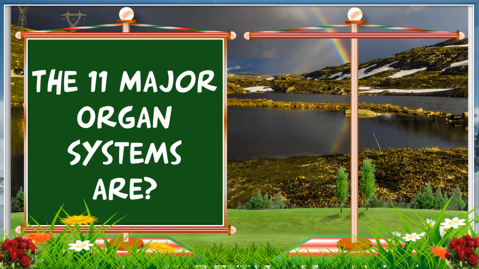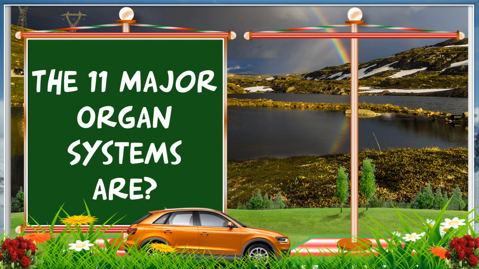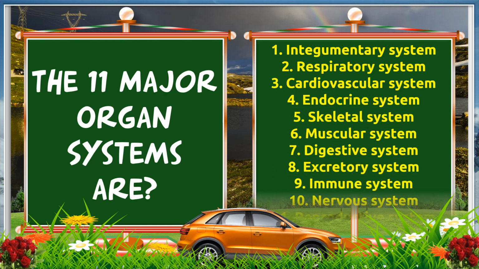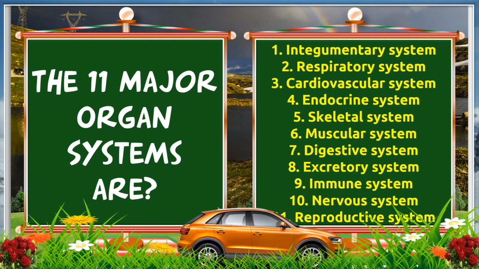The 11 major organ systems are: 1. Integumentary system. 2. Respiratory system. 3. Cardiovascular system. 4. Endocrine system. 5.